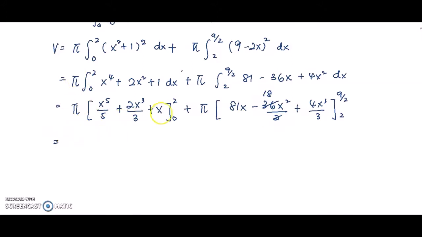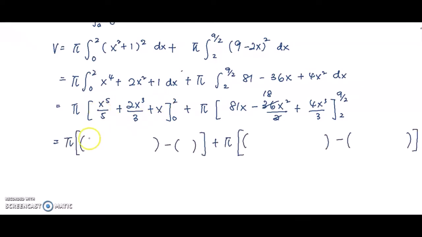Now you need to put in the upper limit and lower limit and calculate. Put in the 2, you have 32 over 5 plus 16 over 3 plus 2. If you put in the 0, all will be 0, so this term will be 0.